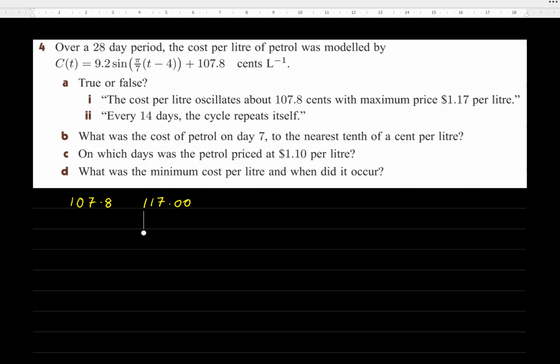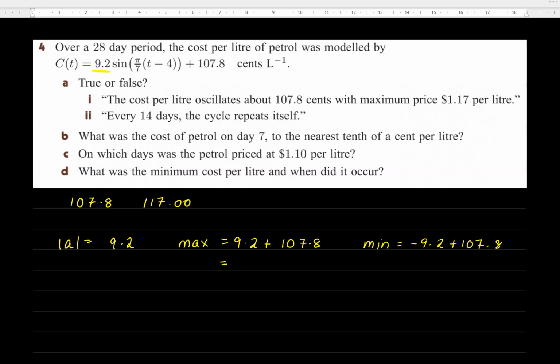So where do we have to look? You can't really see that, but our max, or amplitude, is 9.2. So that means the max will be 9.2 plus 107.8, and your minimum will obviously be minus 9.2 plus 107.8.